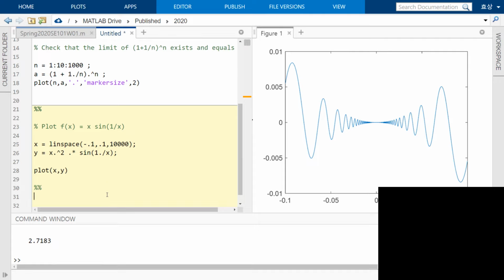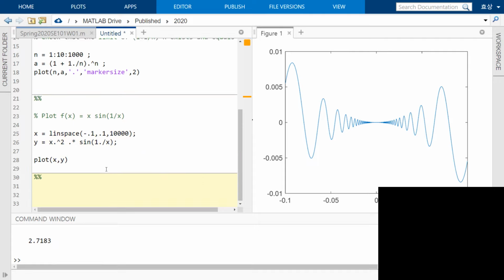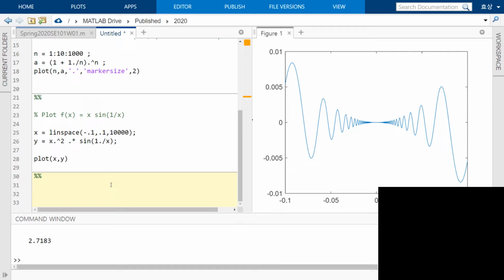Okay, so there's also a question about how to create a higher dimensional array. You can define your two-dimensional array as A equals 1, 2, and 3, 4, with a semicolon between the rows.